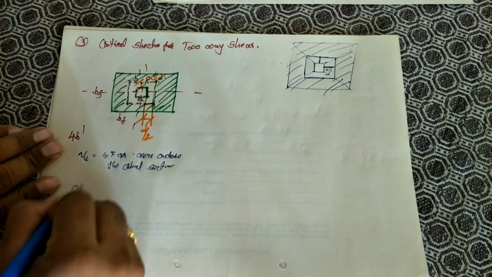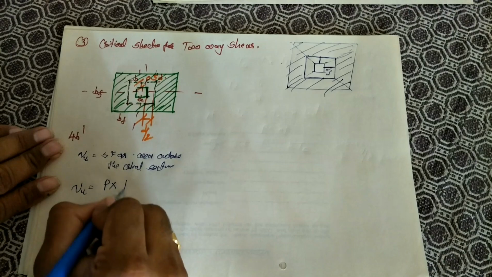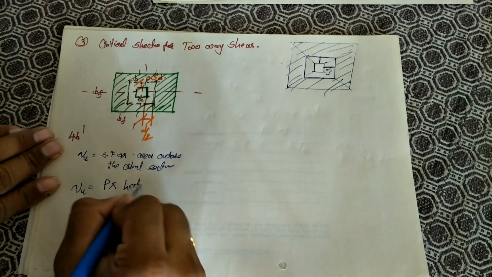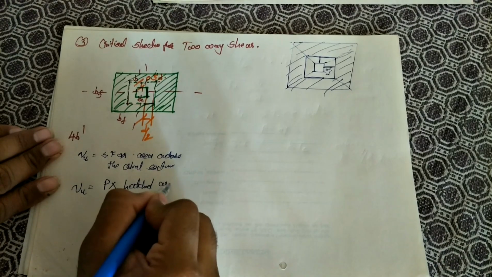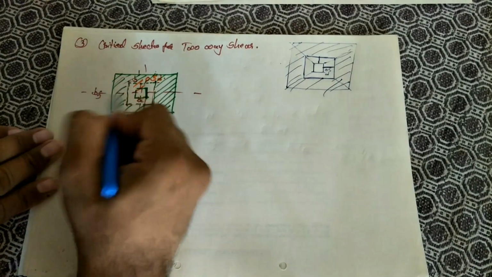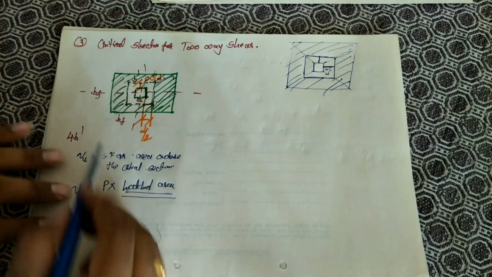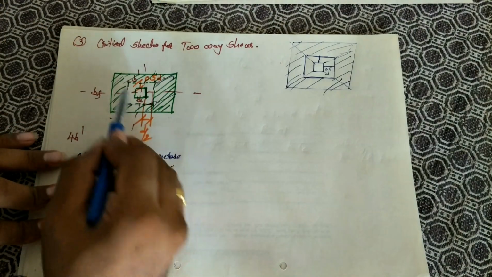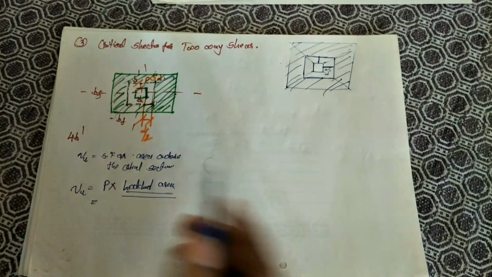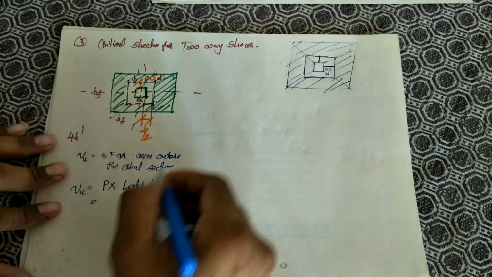So Vu is equal to P into hatched area, where P is your upward pressure. The hatched area is this area. How can you calculate it? Capital Bf minus 4 times b dash, you are able to calculate your hatched area.